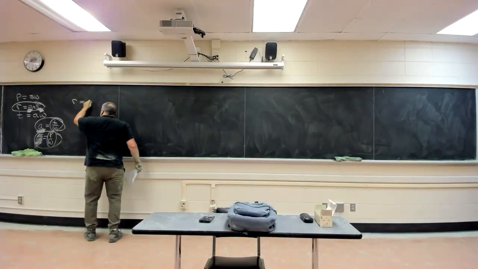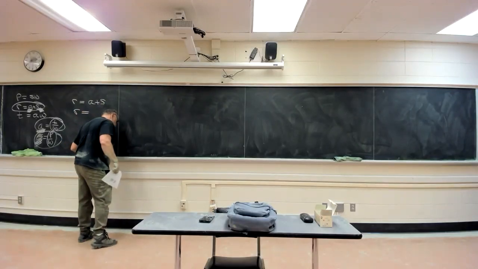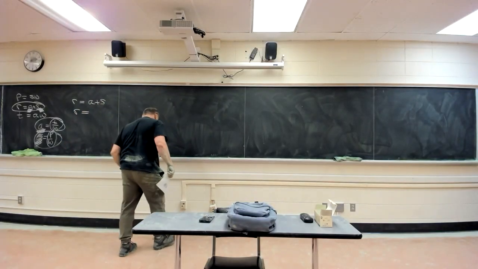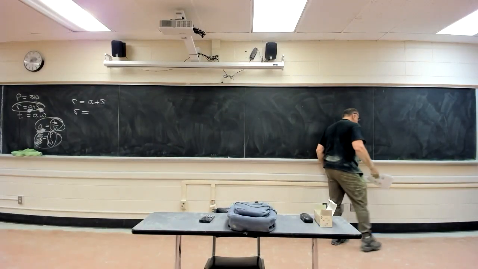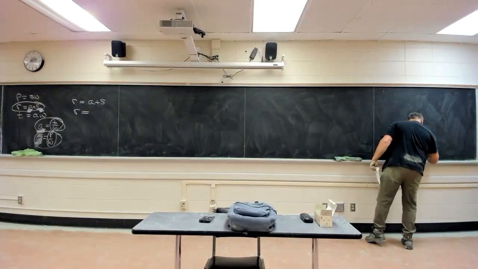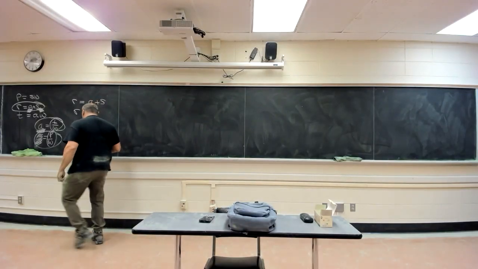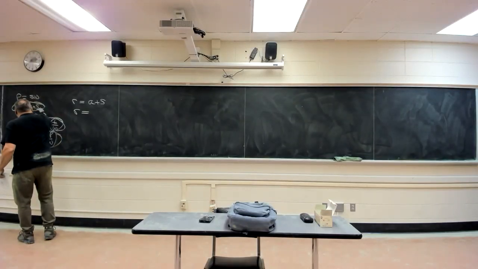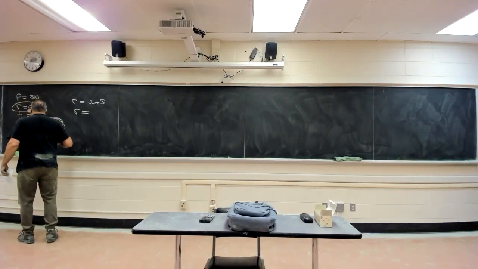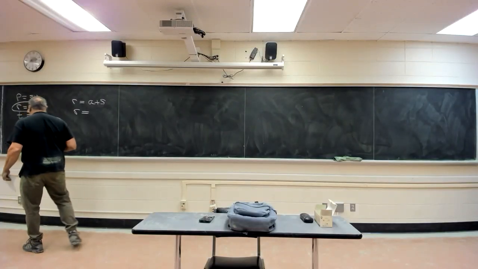R equals A plus S. So R is A plus S. We want to solve for W. We just don't want A and S in the solution.